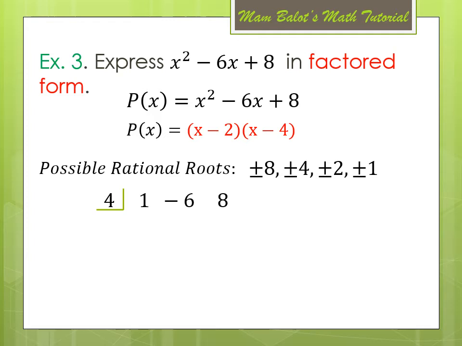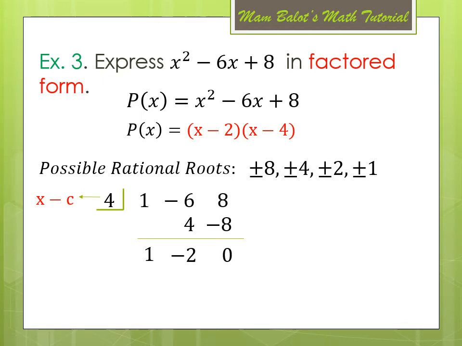So if we try 4, we bring down 1, then 1 times 4 is 4, then negative 6 plus 4 is negative 2, then negative 2 times 4 is negative 8, and 8 plus negative 8 is 0. So therefore, 4 is a root of this function.